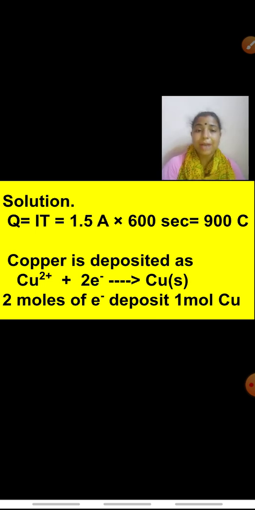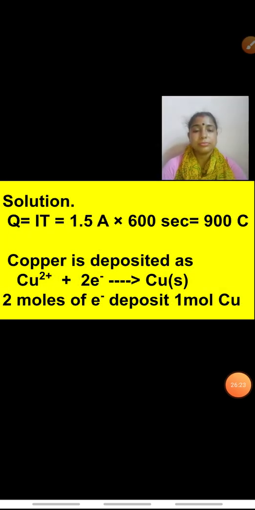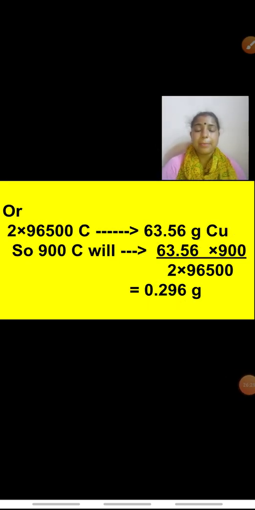What is the weight of 1 mole of copper? It is equal to the gram atomic mass, that is 63.56 gram. Now children, 2 moles of electron, that is 2 into 96500 coulombs will give 63.56 gram of copper.